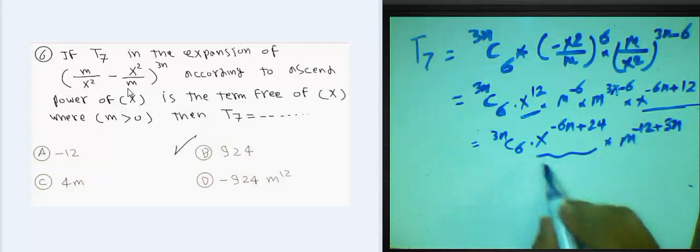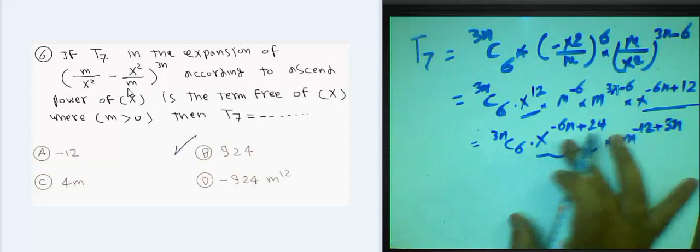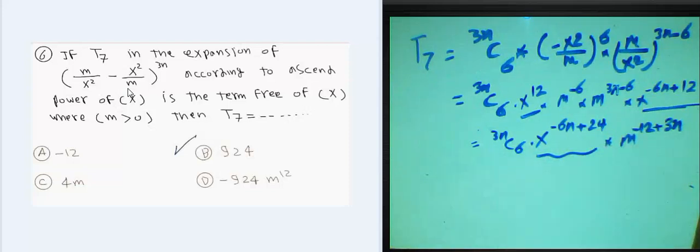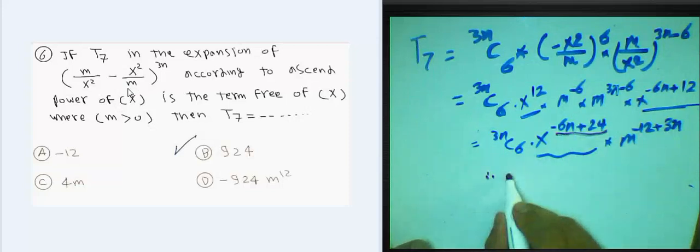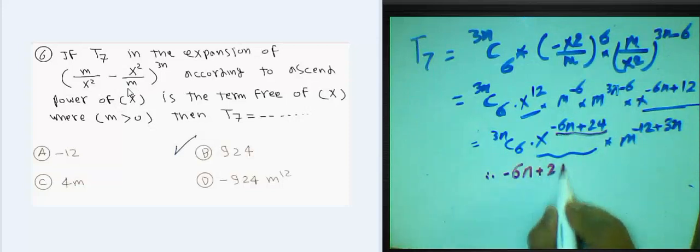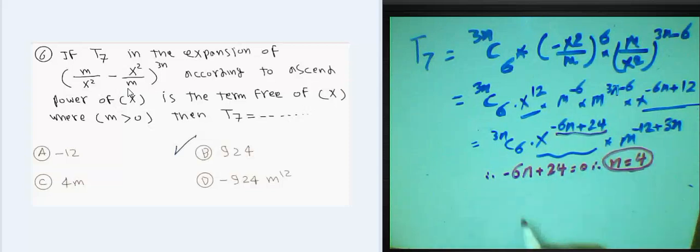We know this example has a term free of x, so this power must equal 0. Negative 6n plus 24 equals 0, then n equals 4.